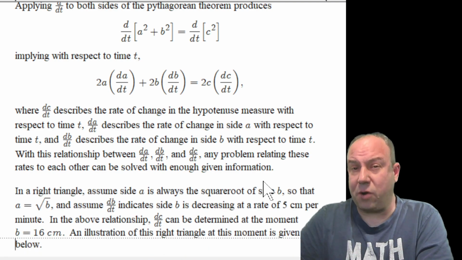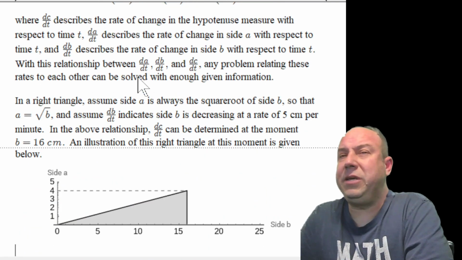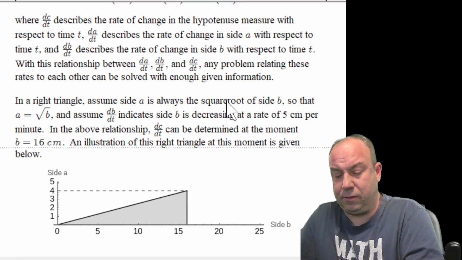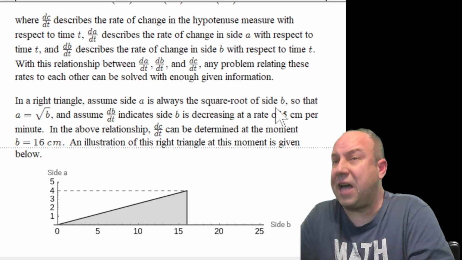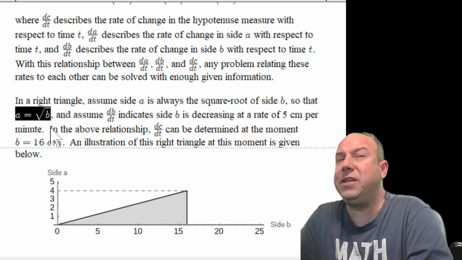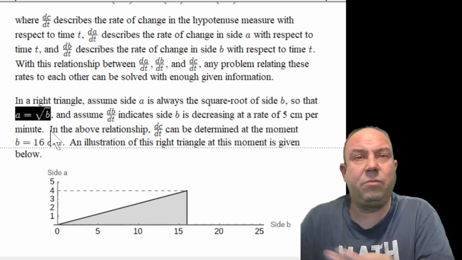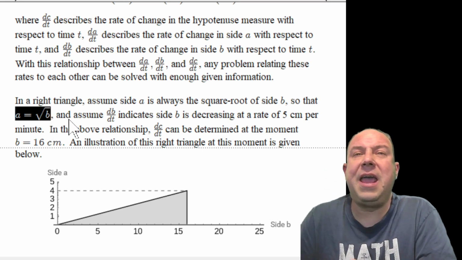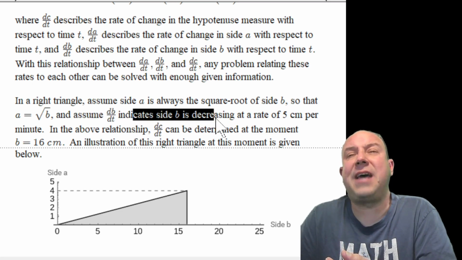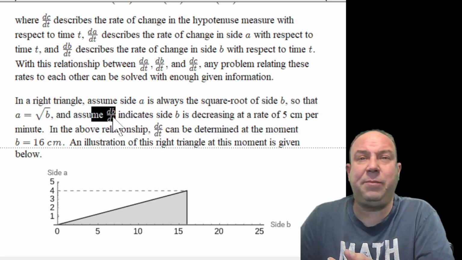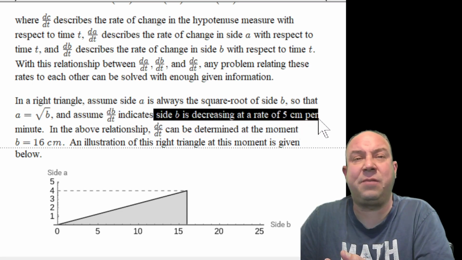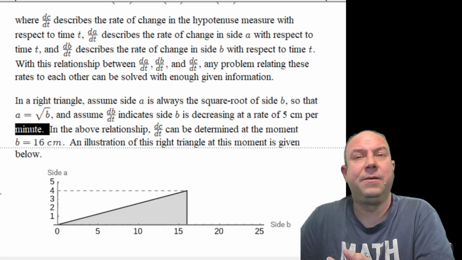Now, in a right triangle, assuming side A is always the square root of side B, so that A is always equal to the square root of B, and we assume dB dt indicates that side B is decreasing at a rate of 5 centimeters per minute, right?